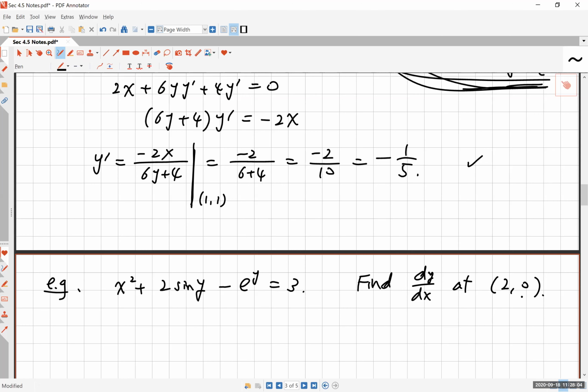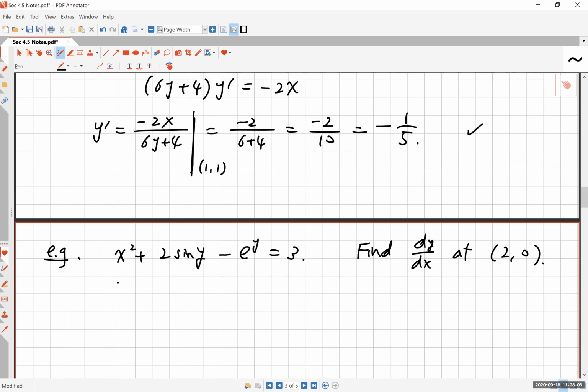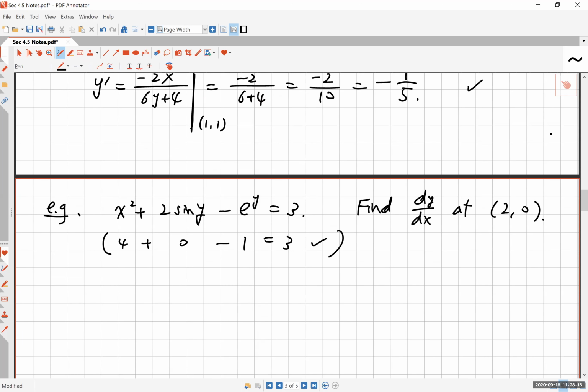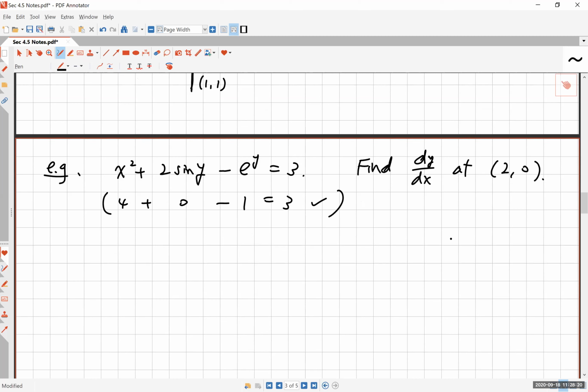Is 2, 0 on this graph? Yeah, you plug in 2 here, then you get 4 plus 2 times the sine of 0 minus e to the sine of 0. That's 1. So the point 2, 0 is actually on the graph, right? And in case you're wondering about the graph, you can get your app, download an app, and try to come up with your answer here.